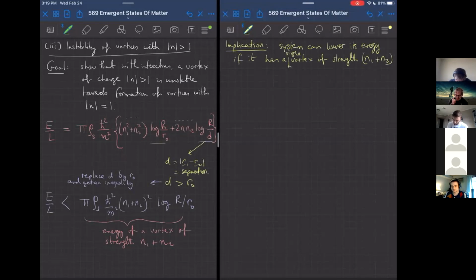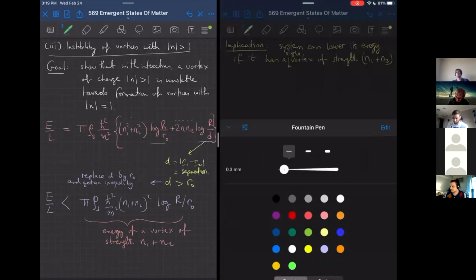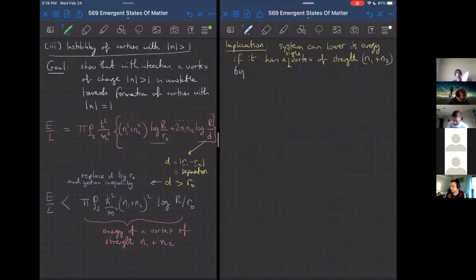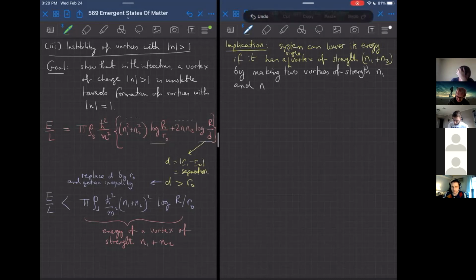So if it has a single vortex of strength n1 plus n2, it can lower its energy by making two vortices of strength n1 and n2 respectively. And with the total length being L.